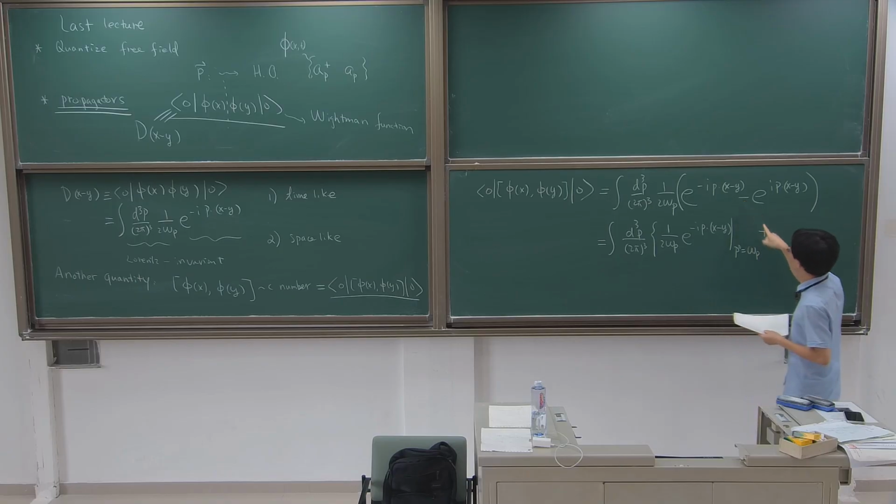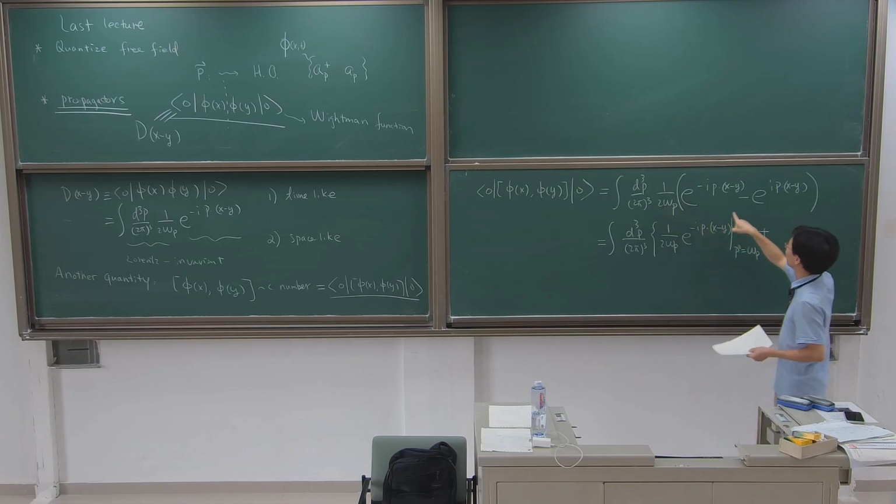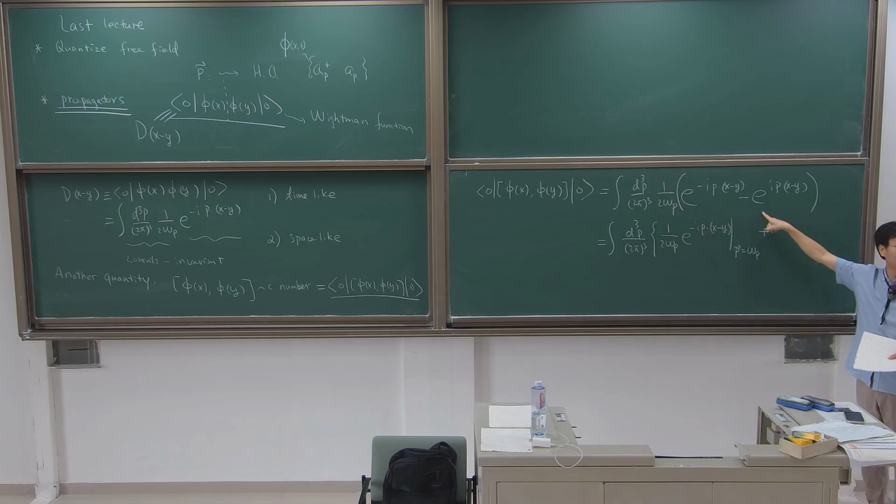Now there's a minus sign. I choose a plus, and I shift this common prefactor inside to the second term.